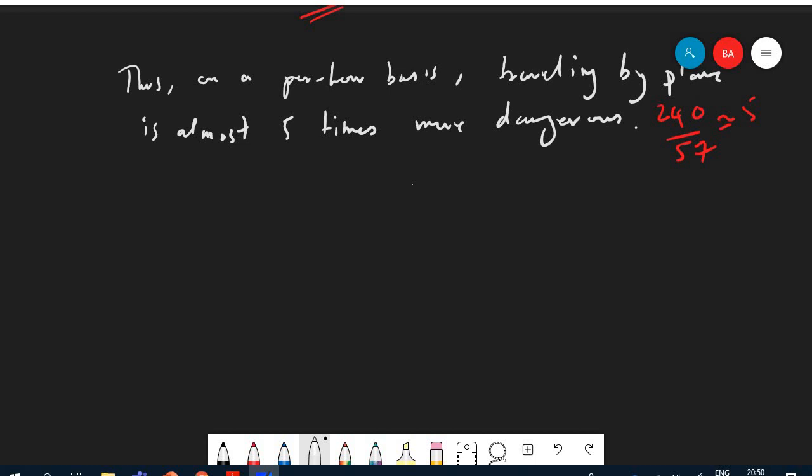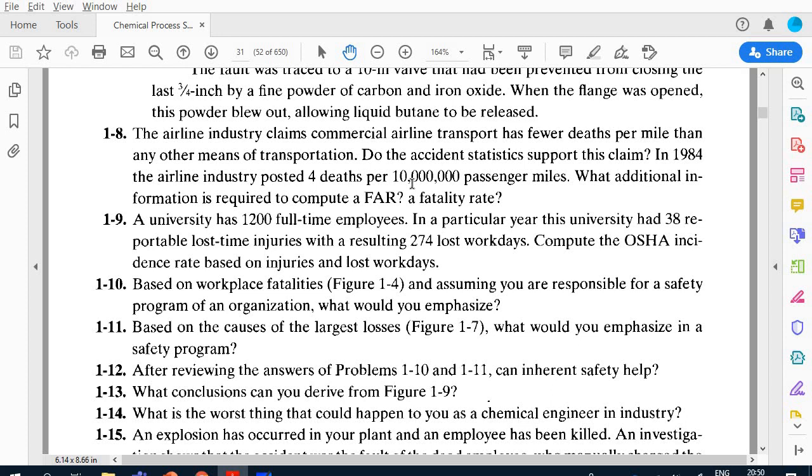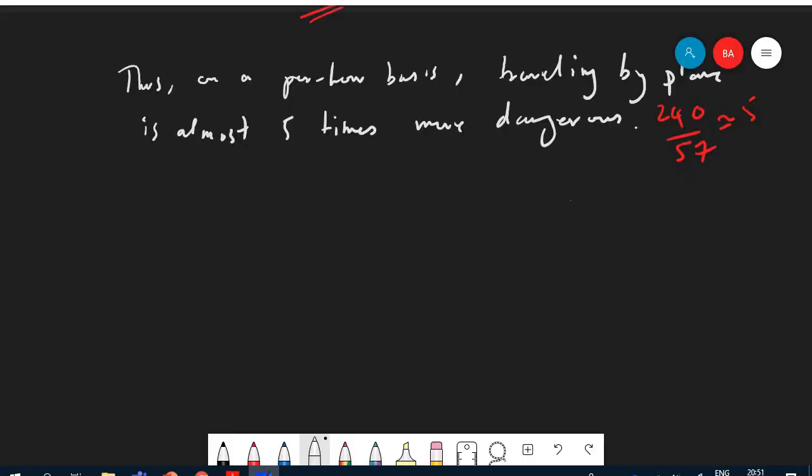Okay. So if you just want to compute the FAR, go back to the question, so as not to forget what you are trying to target here. They claim that the industry posts 4 deaths per 10,000 passenger miles. So we need to calculate and see whether we are happy with the statistics, whether it is good or not. So we want to compute the FAR.